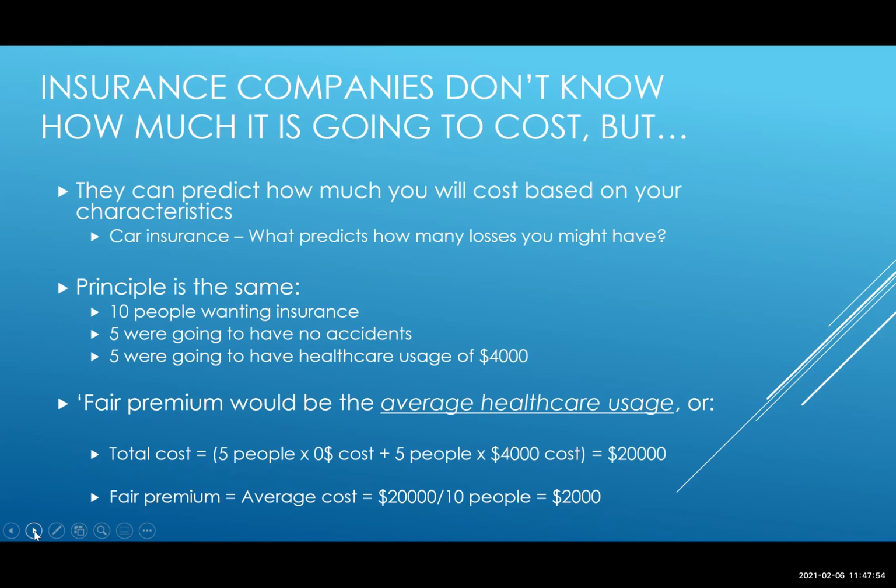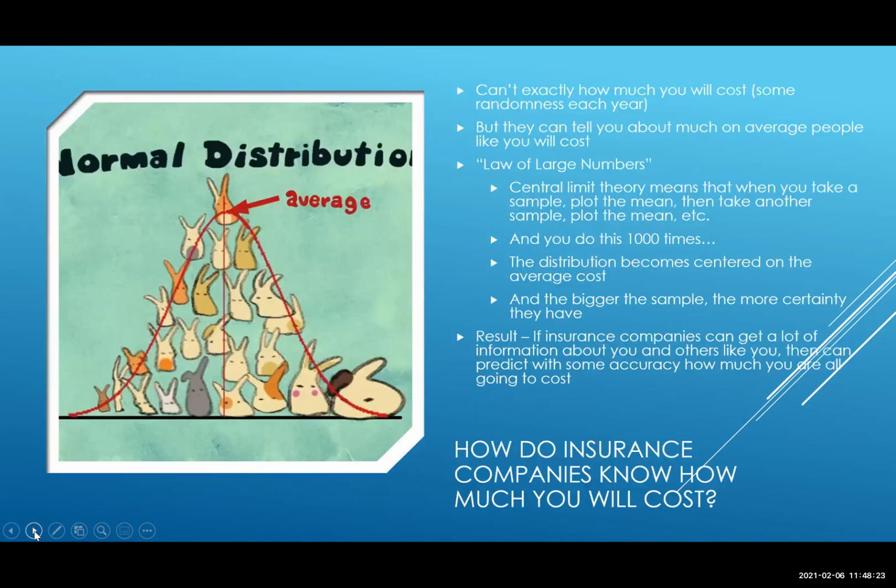So the fair premium would be based on the average healthcare cost, or the total cost. So 5 people times 0 cost plus 5 people times $4,000 equals $20,000. So the fair premium is the average cost. You take the $20,000 and divide it by all 10 of those people and get $2,000 each, and that is what they would charge for the premium.